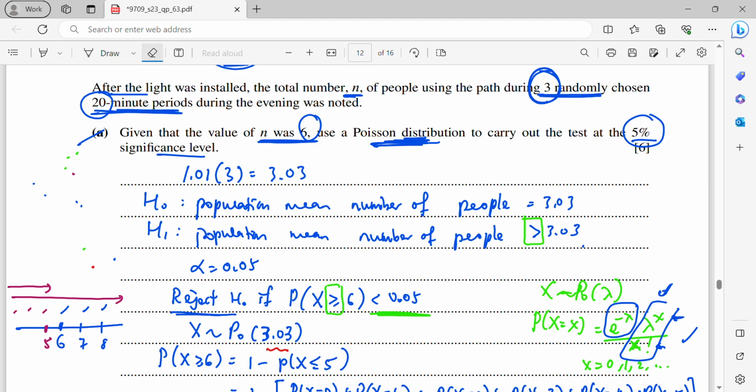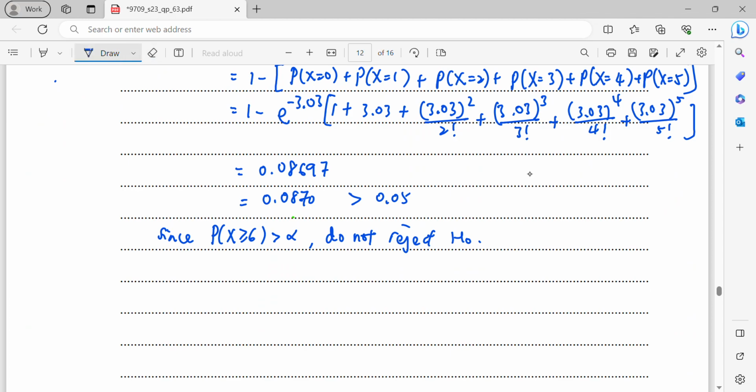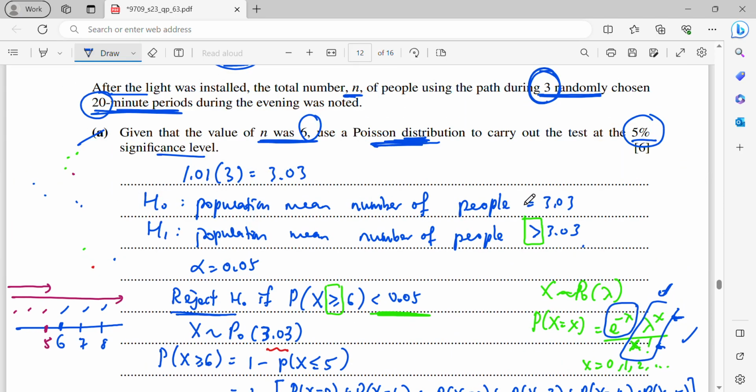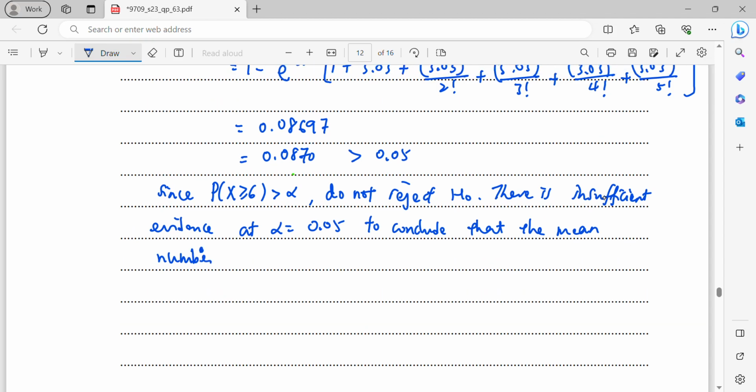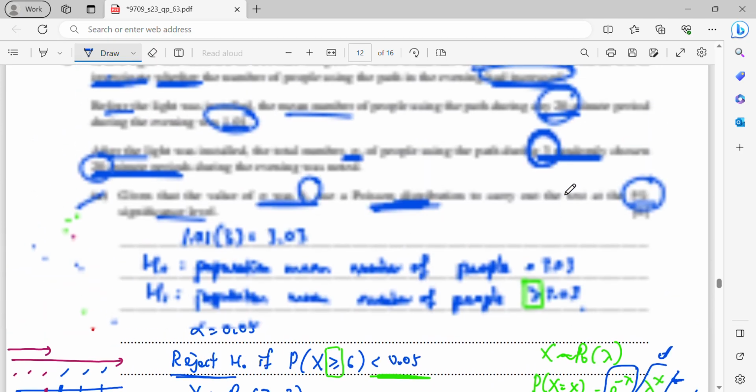Now your conclusion: you can write there is insufficient evidence at alpha equals 5%, so 0.05, to conclude that the mean number of people had increased, because that is our concern.